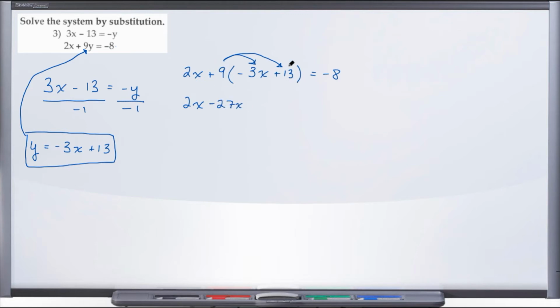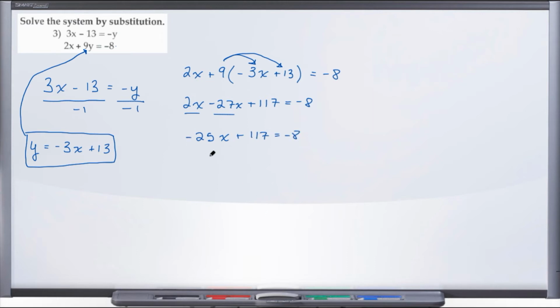And then a positive 9 times positive 13 gives us a positive 117, I believe, equals -8. And now let's go ahead and combine some like terms here. So we have positive 2 minus 27x, so that's going to give us -25x plus 117 equals -8.